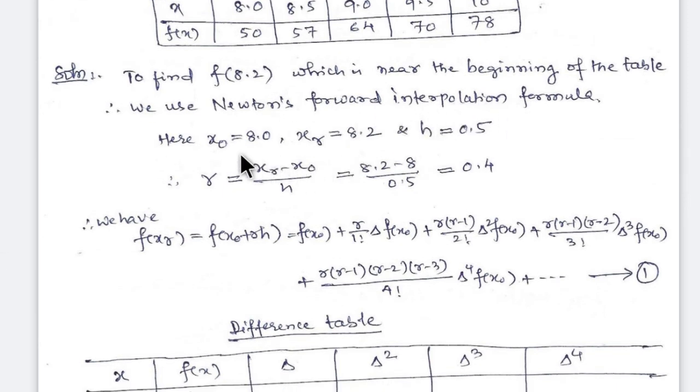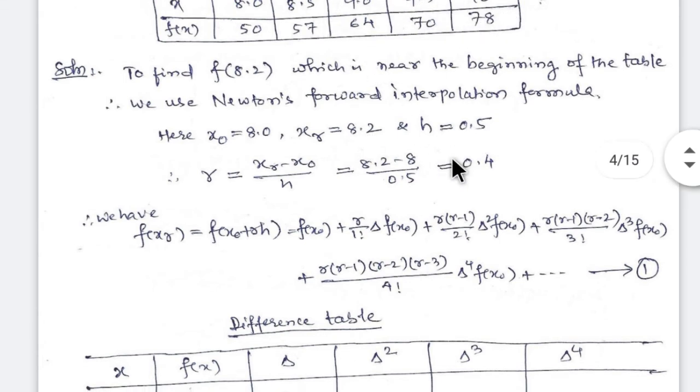Here x naught is 8.0 from the table beginning value, xr is given, that is 8.2, and h equal to 0.5. You see that 8.5 minus 8.0 is 0.5, 9.0 minus 8.5 is 0.5, it is equal here.